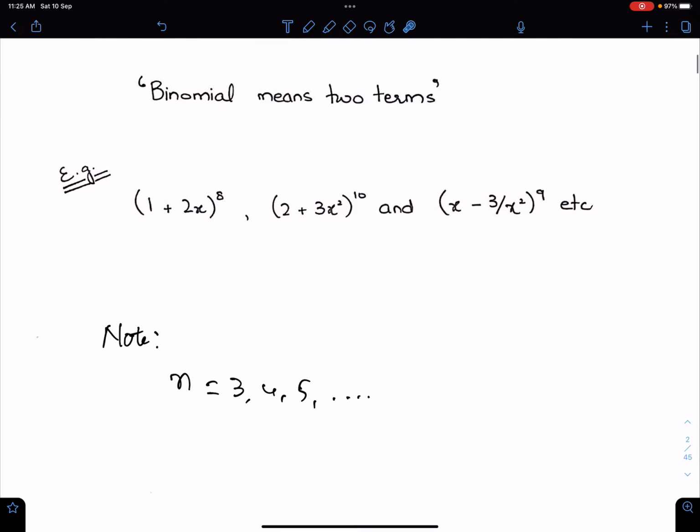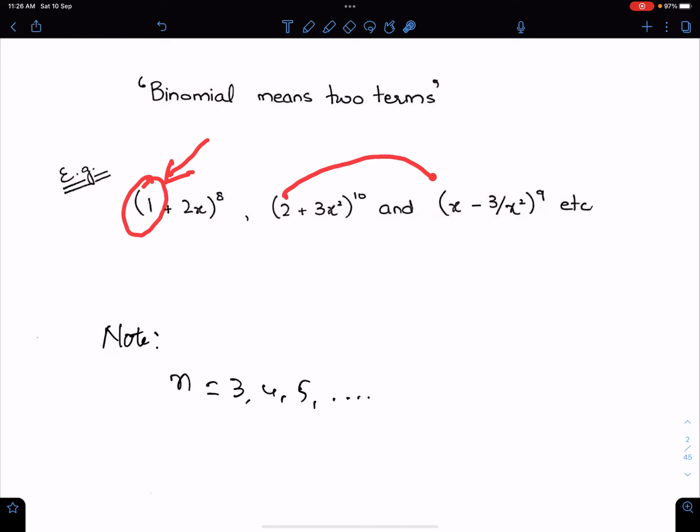Here are some examples of binomial expansions. In this expansion, the first term of the expansion is 1, whereas in these two examples, the first term of these two expansions is not 1. So, when the first term of the expansion is 1, we use a different binomial theorem to expand these types of expansions.